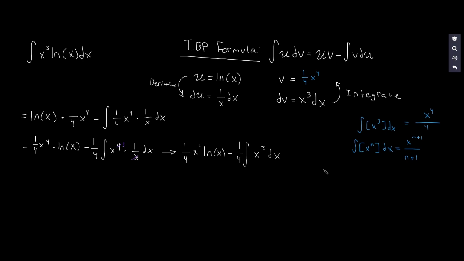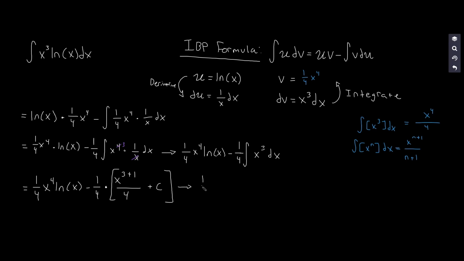This is just another power rule situation for the integral. So I'm going to have 1 over 4 times x raised to the fourth power times the natural logarithm of x minus 1 over 4 times x raised to the fourth over 4, plus c.